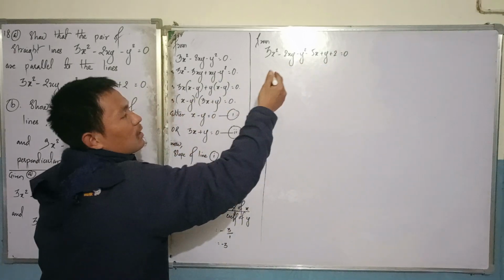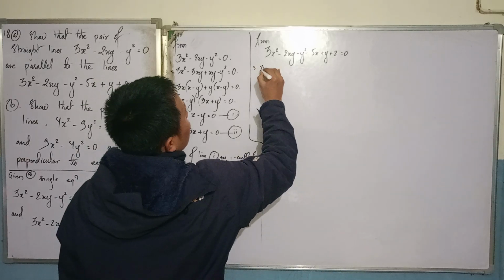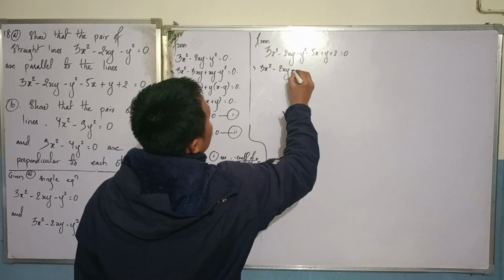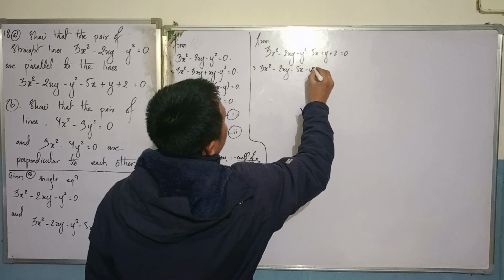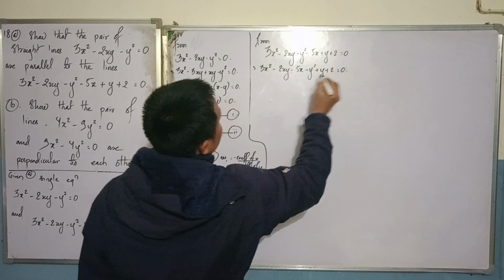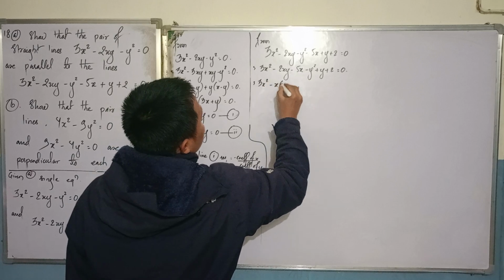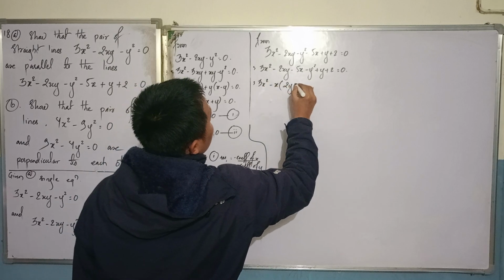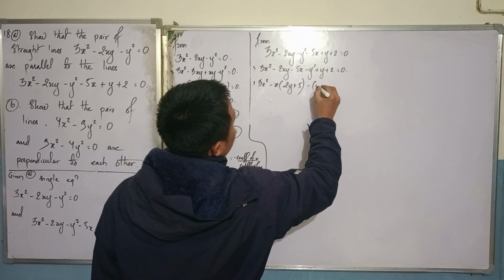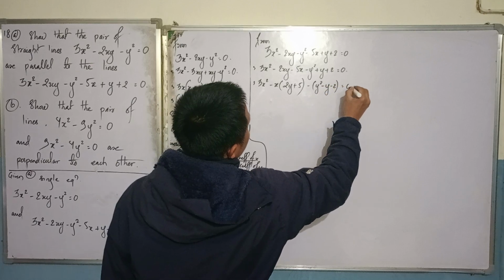Now try to bring this down into a quadratic function of x: 3x squared minus 2xy minus 5x minus y squared plus y plus 2 is equal to 0, or 3x squared minus x(2y plus 5). So take this negative common, it will be (y squared minus y minus 2) is equal to 0.